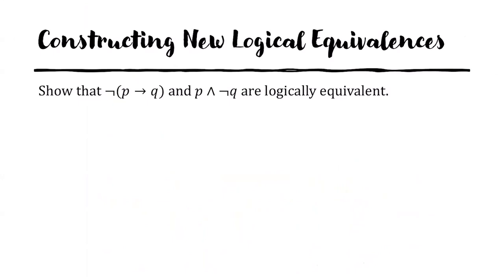But when you have 3 variables, or 4 propositional variables, then you need to construct 8 rows, 16 rows. Then constructing the truth table will be a lot.